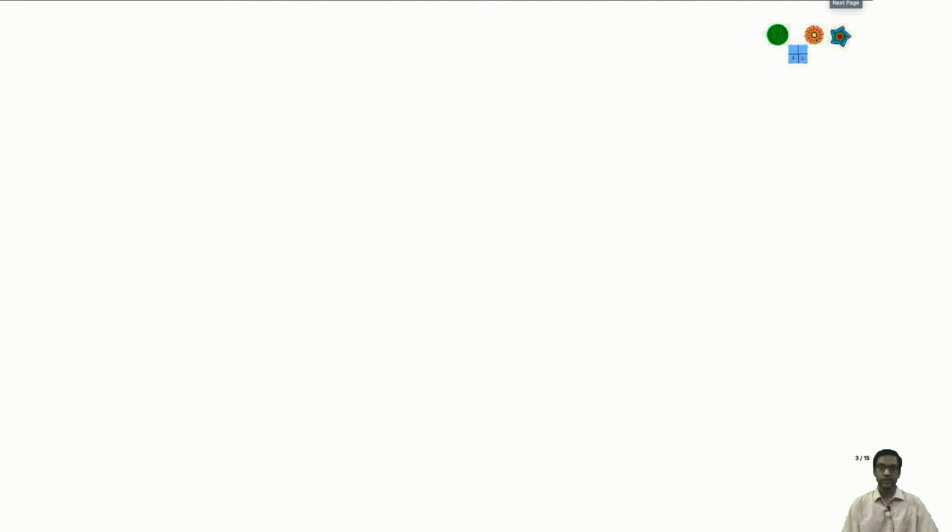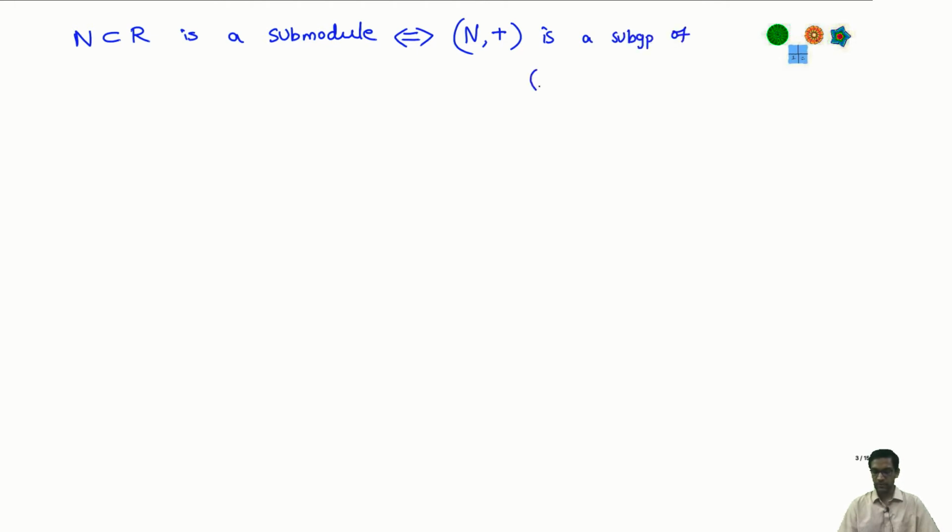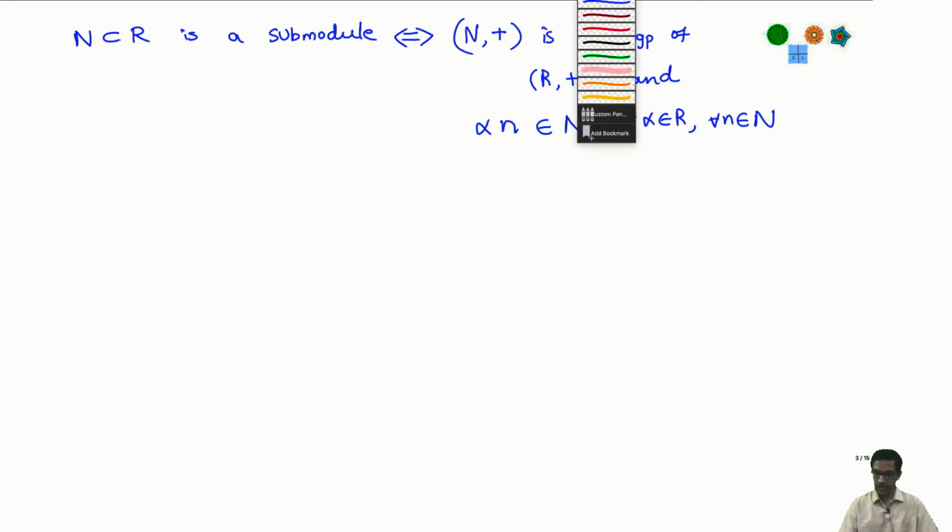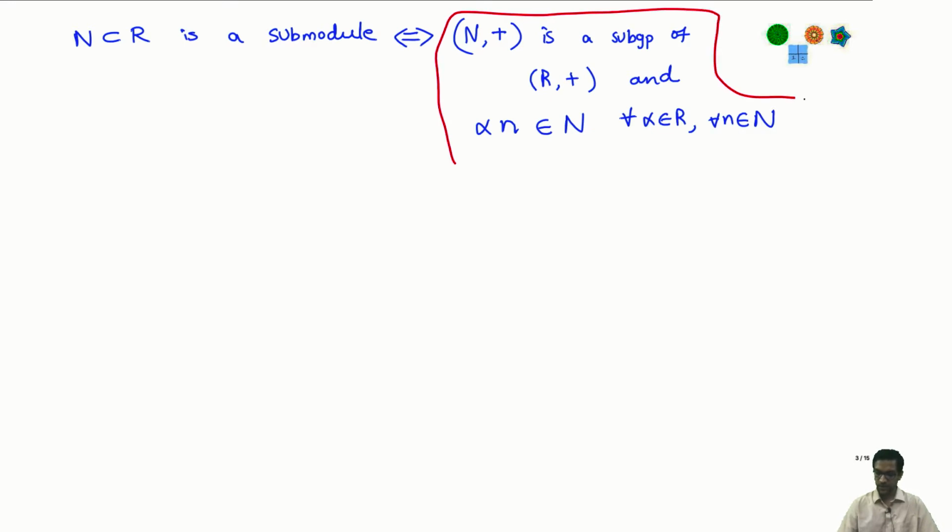And in this module, what are the submodules? Observe that if I take a subset N of R that is a submodule for this particular way of making R into a module, it means by definition that N is a subgroup of the additive group of R, and further, condition number 2 says that if I do alpha times n, now this is the usual multiplication in the ring, alpha n belongs to N for all alpha in R and for all n in N. Now recall from the lectures on rings that this pair of conditions that we've just written out is exactly the definition of a left ideal.